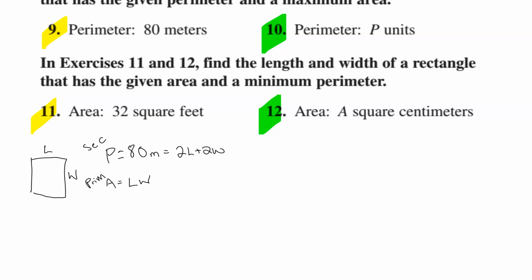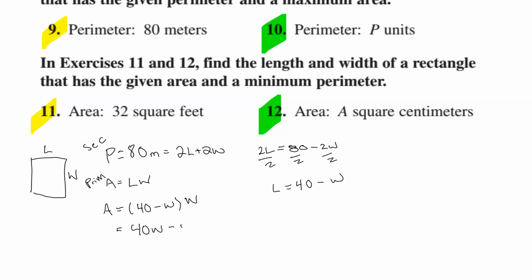So if I go about doing that, I'll have 2L equals 80 minus 2W. Divide everything by 2. We've got L equals 40 minus W. We have to substitute that into our primary equation. So I've got 40 minus W times W, or 40W minus W squared.